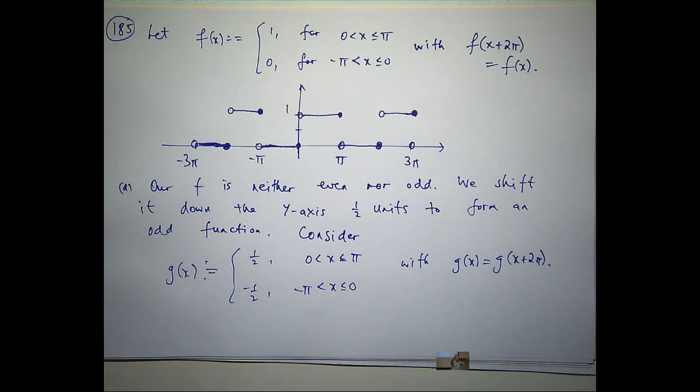Now, this is the best thing. If I want to calculate the Fourier coefficients for my g, and g is an odd function, a naught is 0, a n's are 0. That's it. That's all I have to do. Okay?